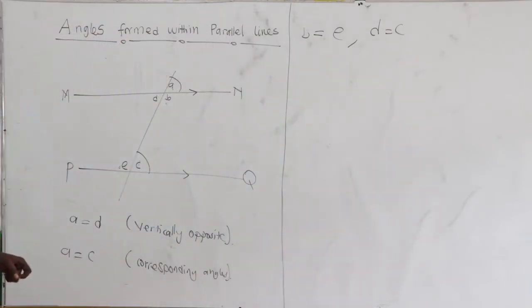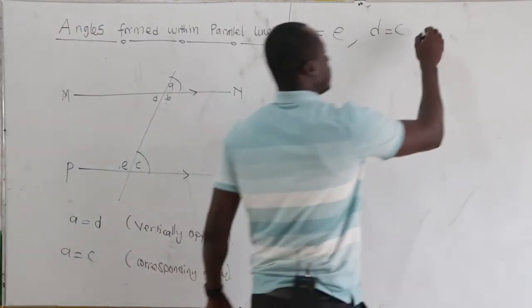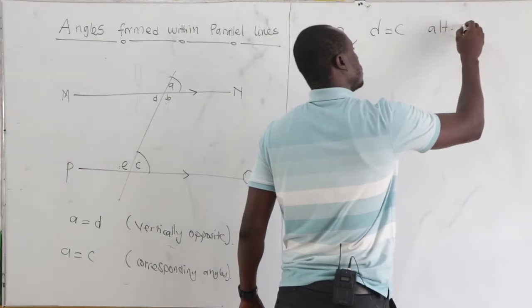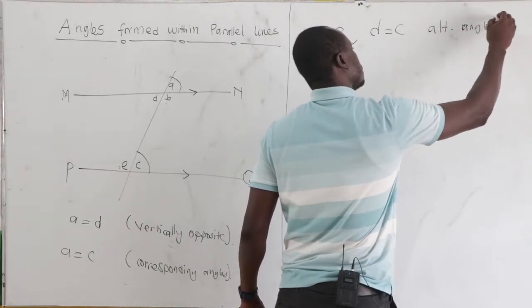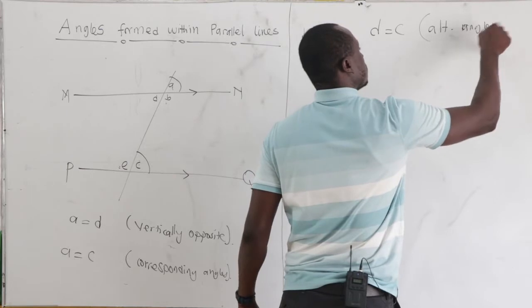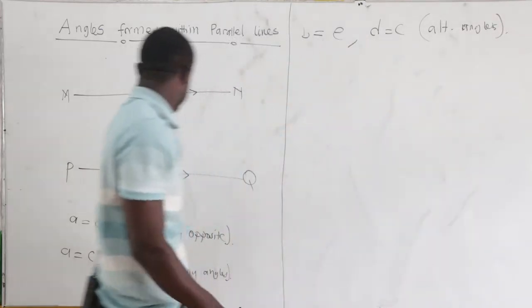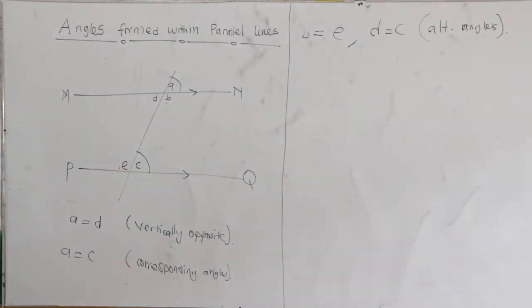It has a special name, and that special name, we call it alternate angles. So alternate angles are equal.